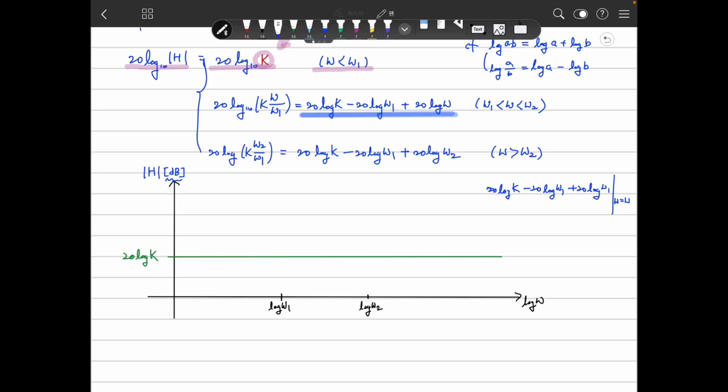So we eliminate the variable, and that means the value here is 20 log K.